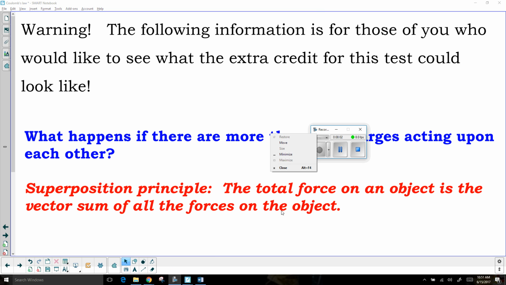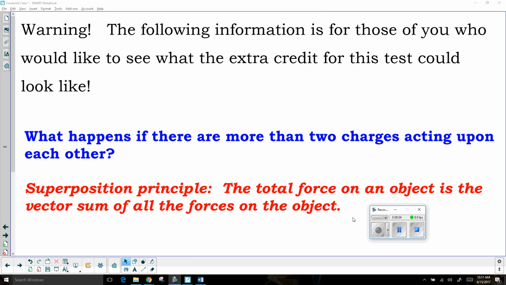So warning, the information that you are about to see is for those of you who will be prepared to do the challenge problem for the test next week. I'm going to talk about the superposition principle, kind of like the superposition principle between waves.